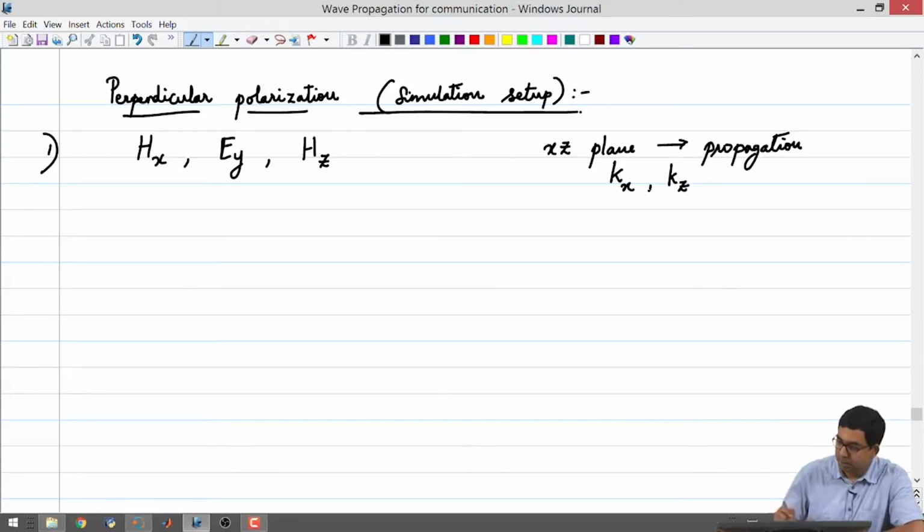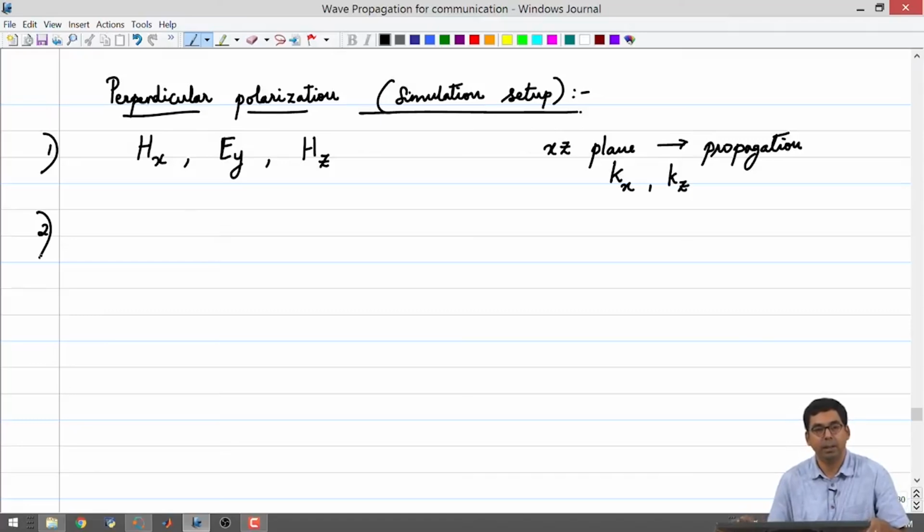When we are talking about modeling, usually we have to start with the curl equations. Previously we had done this for Ex, Hy, Kz. Now it is a little bit more involved.